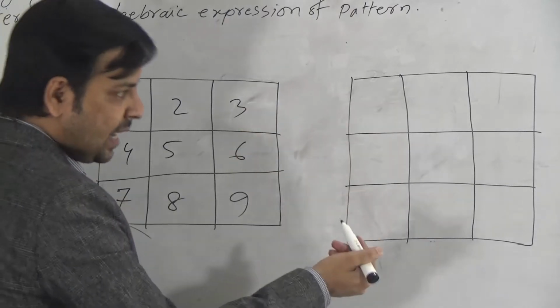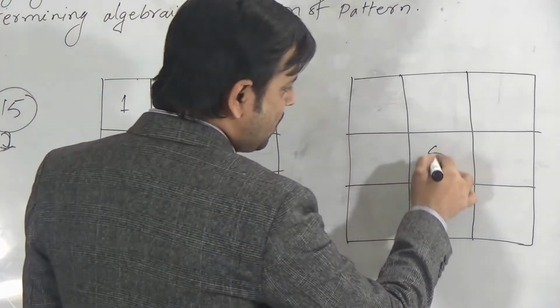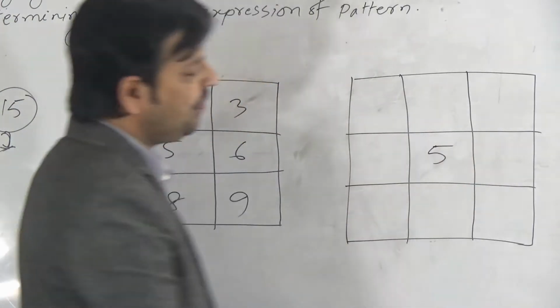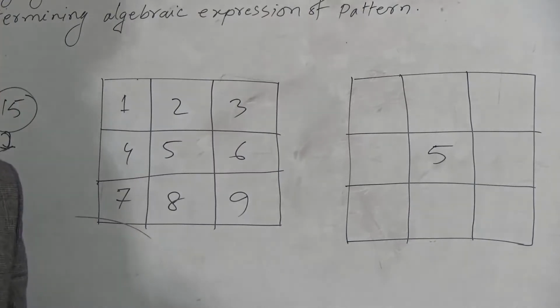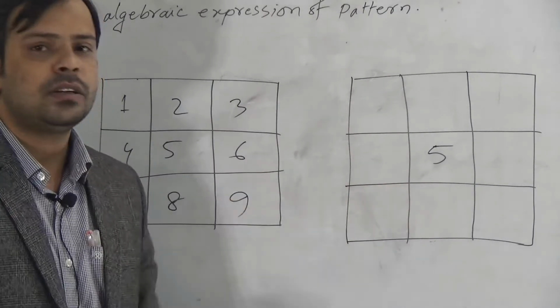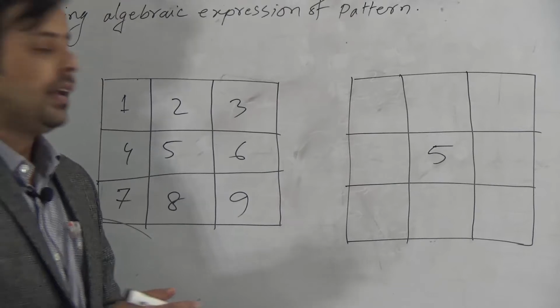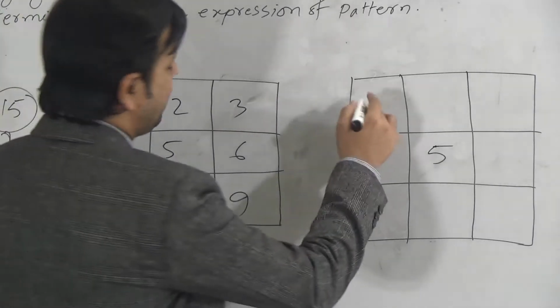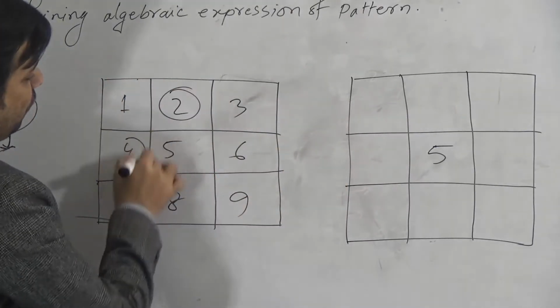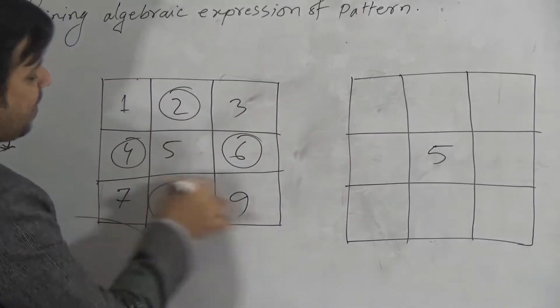To do this, at first you have to put 5 in the middle grid, the central grid. Then write the even numbers in the corner grids. Here even numbers are 2, 4, 6 and 8.